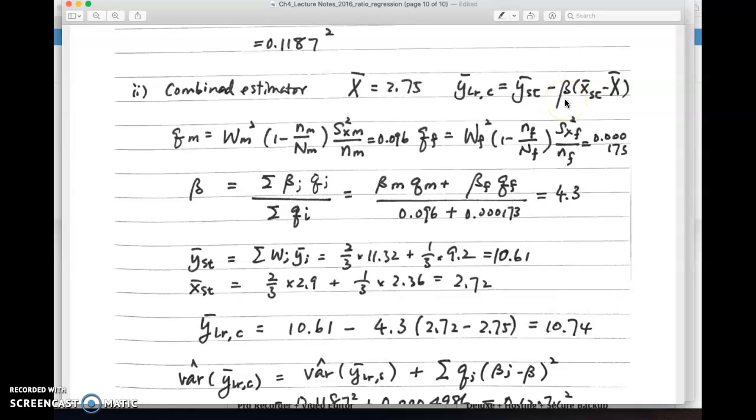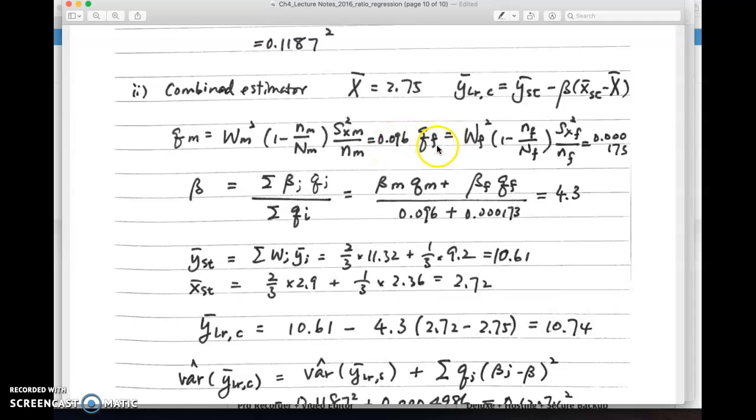Beta is the weighted average of the betas of the male group and the female group, weighted by Q. Q, as given in the lecture notes, equals the finite population correction factor multiplied by Sx square over the sample size multiplied by the population weighting square. If we substitute that, we find that QM for the male group is about 0.096.